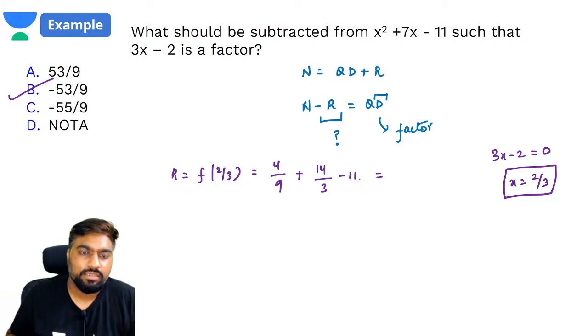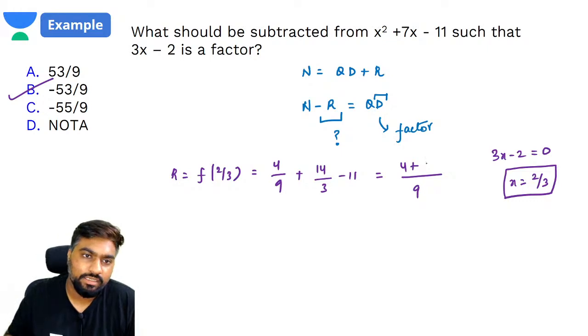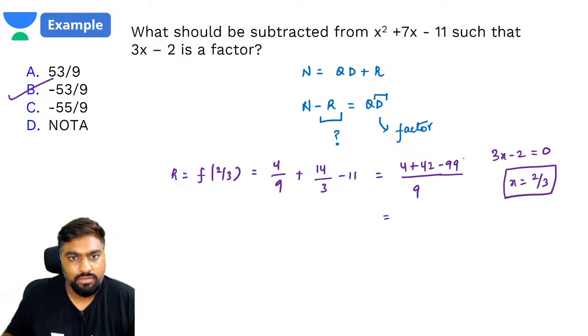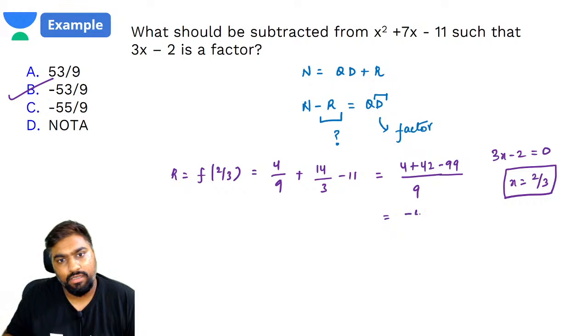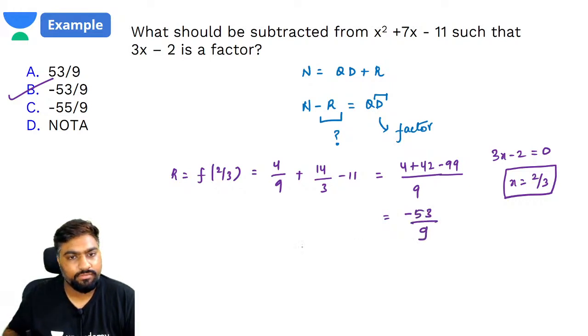Consider 9 as the LCM. You get 4 plus 14 thrice is 42 minus 99. So 99 minus 46 is 53. So you get minus 53 by 9. Your answer.